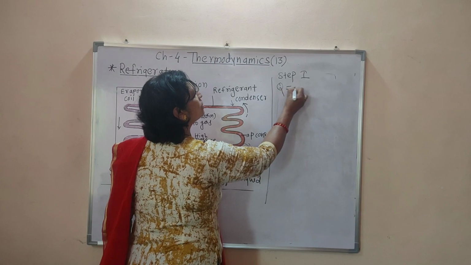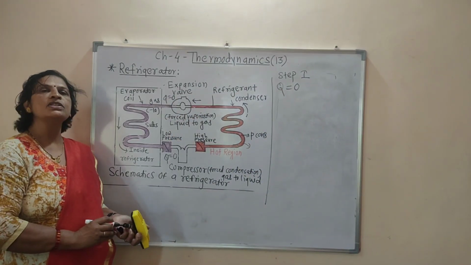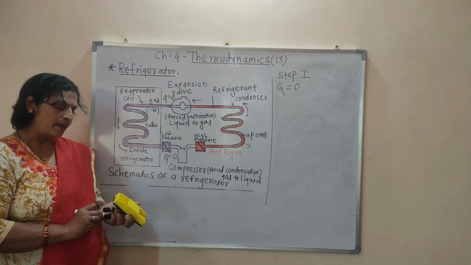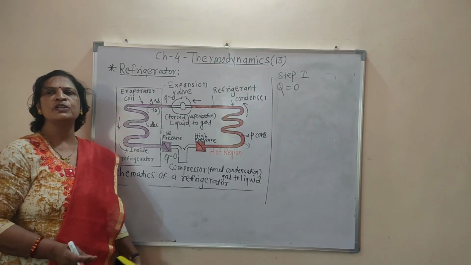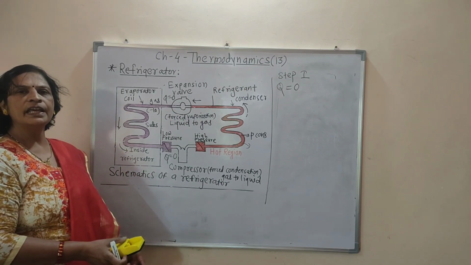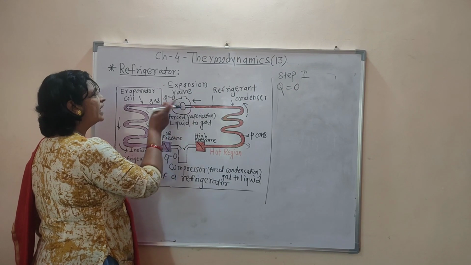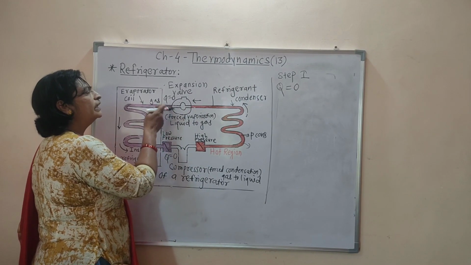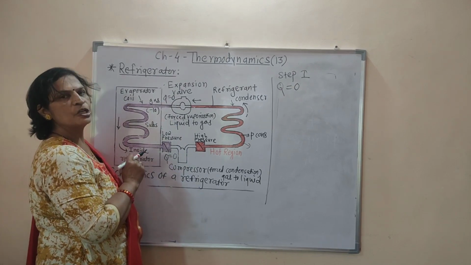At that time the process is called adiabatic expansion, and when adiabatic expansion occurs, temperature decreases. This liquid form refrigerant gets transferred into the gaseous form, and it enters a low pressure region.